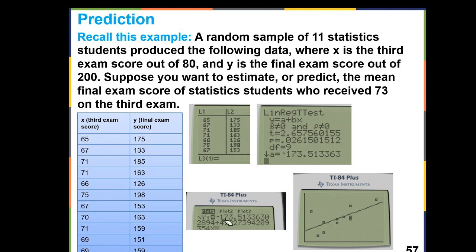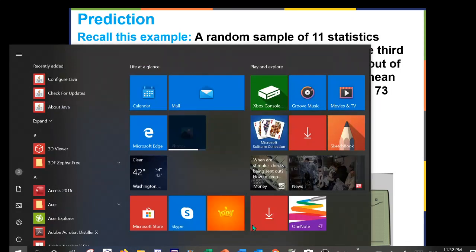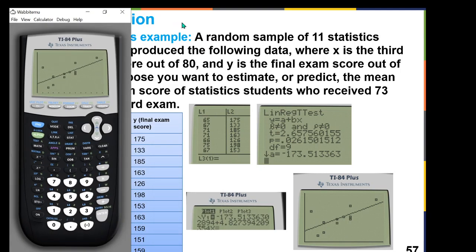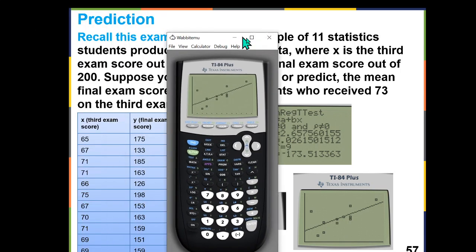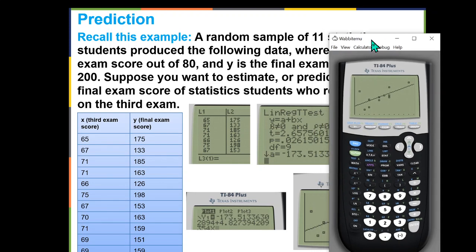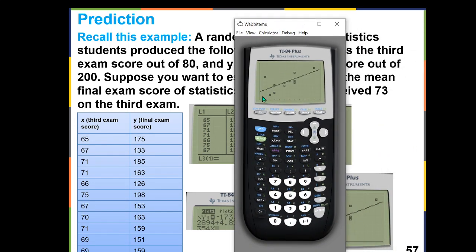The equation is already there, the points are already there, and the graph is going through them. So what I'd like to know is the y value for the x value that is 73. So I have to go to 73 here, go up to the line and see what that number is.